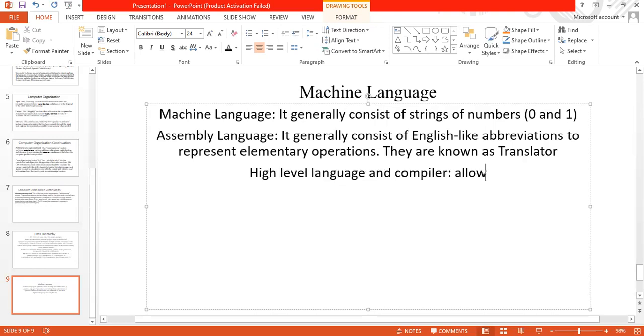So it allows you to write instructions. Don't forget, the instructions are known to be what?